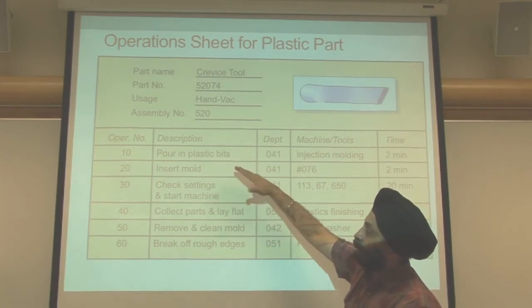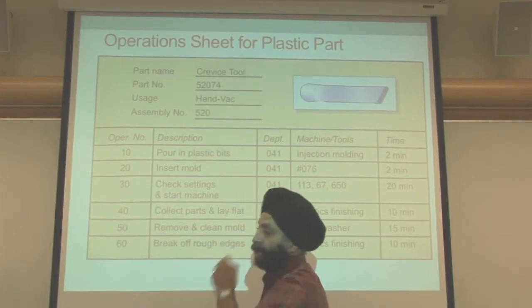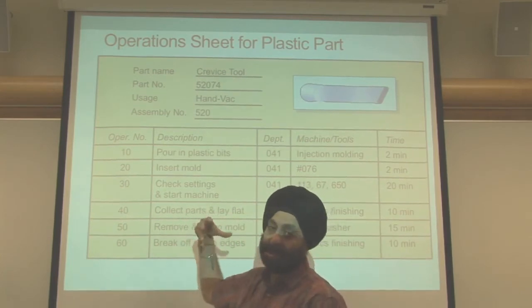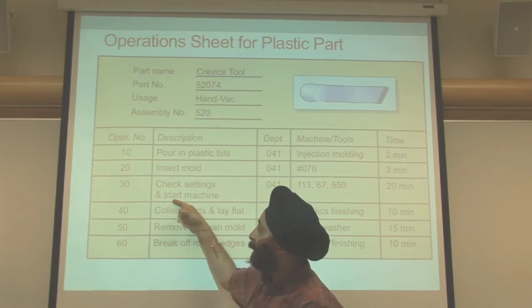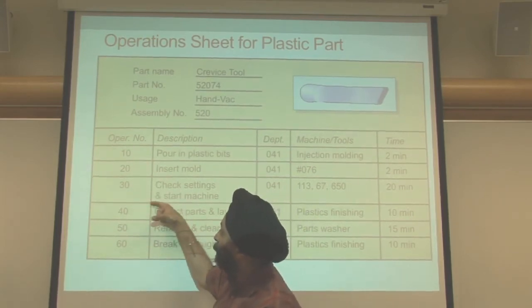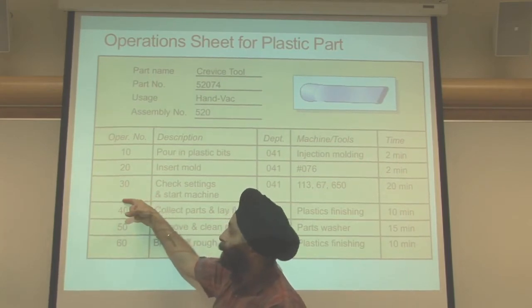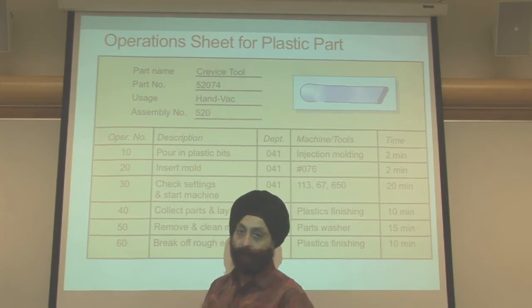So these are operations 10, 20, 30. The reason they go as 10, 20, 30 is in case the process is revised later on and you need to insert another step in here. It's easy. If we called it 1, 2, 3, 4, it's hard to put in another number between 3 and 4. Then it becomes 3A, which becomes confusing.